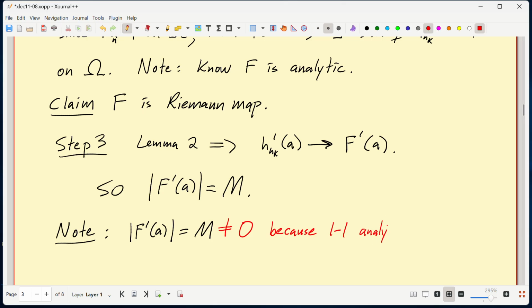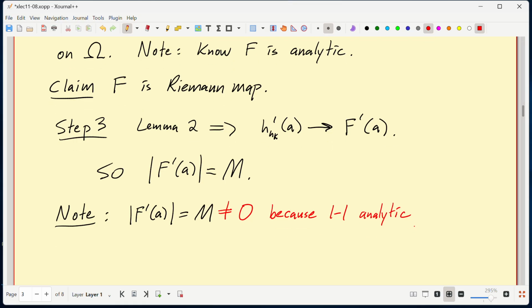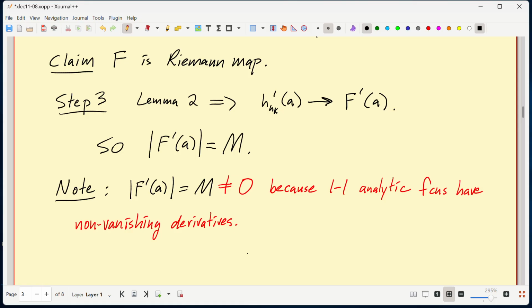This is something that was kind of a special inverse function theorem. So that was important, because one-to-one analytic functions have non-vanishing derivatives. Okay, and so that means that F is not constant.